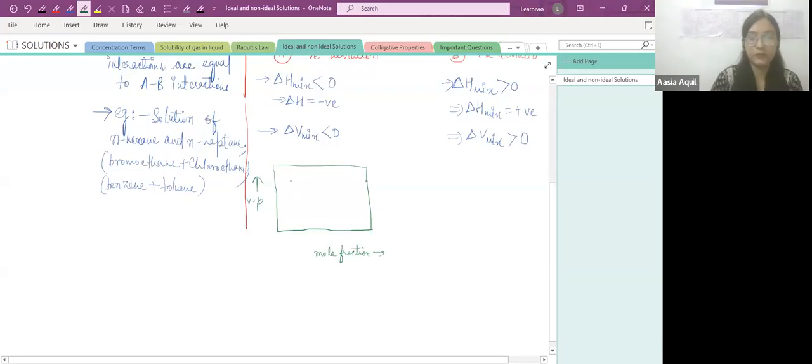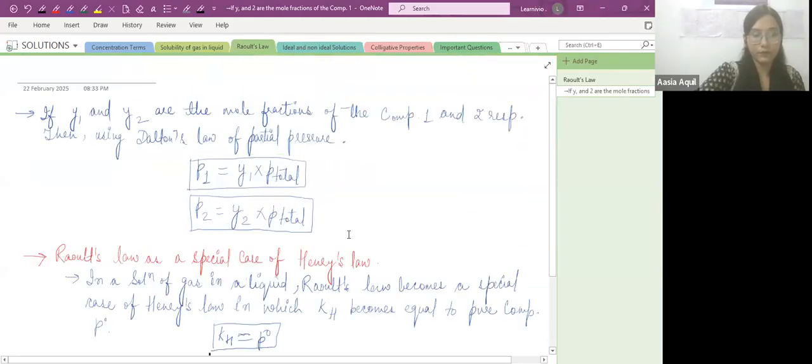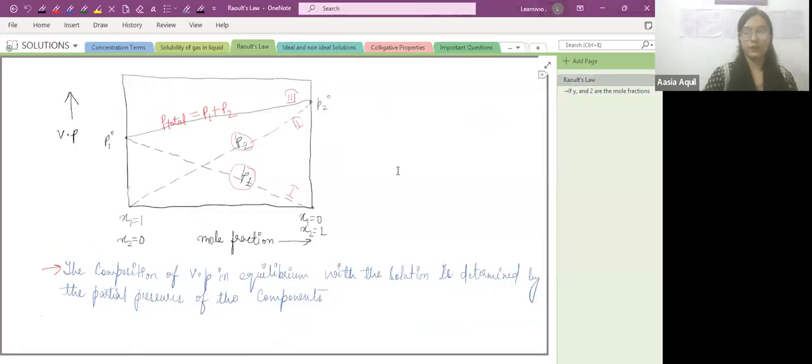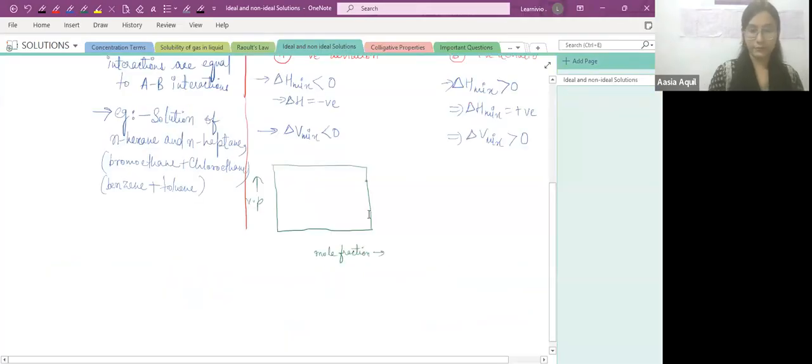That was for the ideal one, the one that obeys Raoult's law. But non-ideal solutions don't obey Raoult's law and show certain deviations from this graph. Let's see the graphs one by one, for positive and for negative.